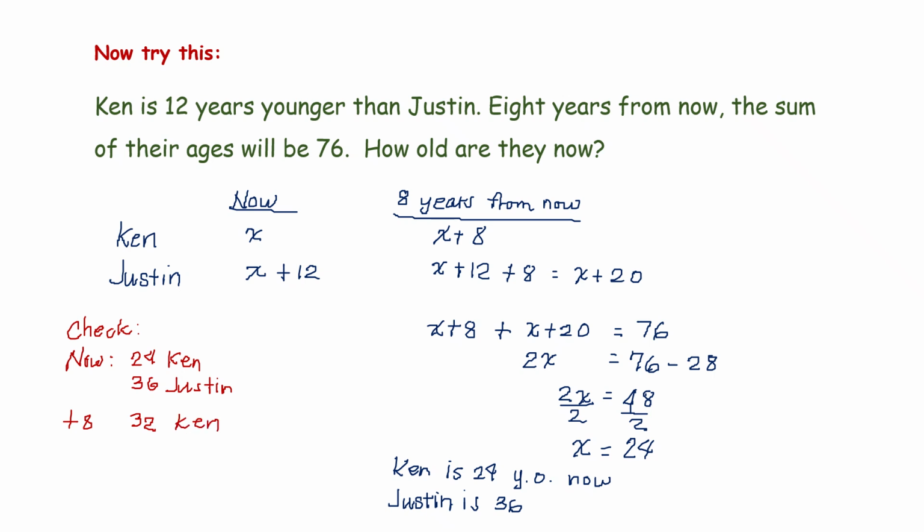And Justin is 44. Is that right? Plus 8, 44. This is Justin. And it says their age will be 76. Let's see. Is this 76? Yes, 32 plus 44 is 76. So, yeah, it satisfies all the conditions. So our answer is correct.